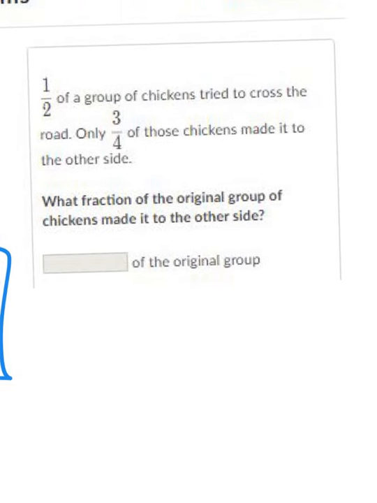Okay, and last one. Half of a group of chickens tried to cross the road. Silly chickens. Only 3/4 of those chickens made it to the other side. Usually because chickens change their mind and they try to go back, honestly. So half of the chickens, and again, we have that key word of, right? So we're going to multiply by 3/4.